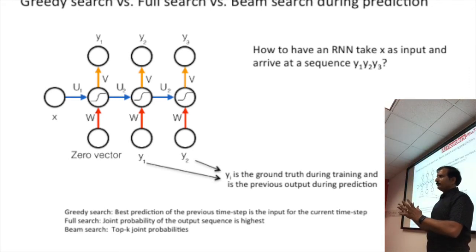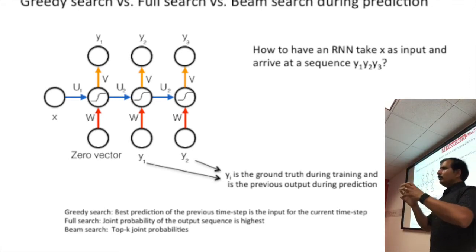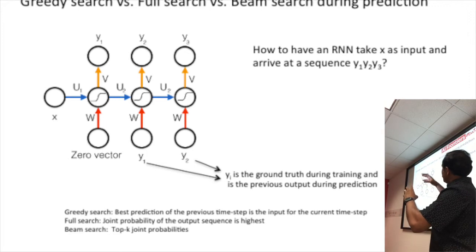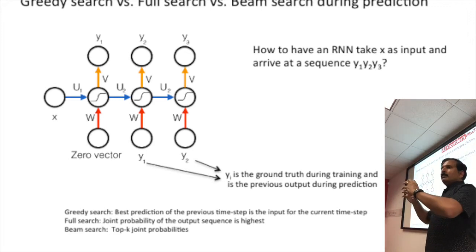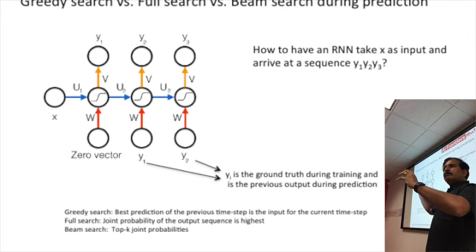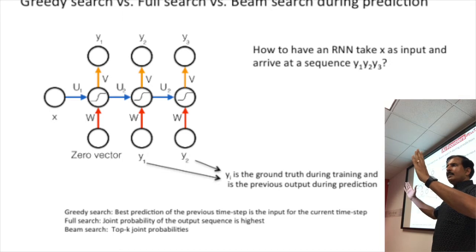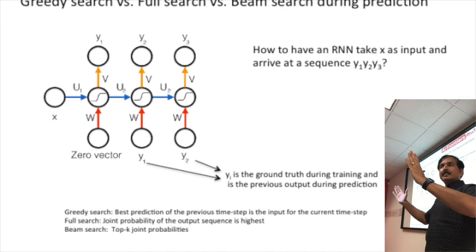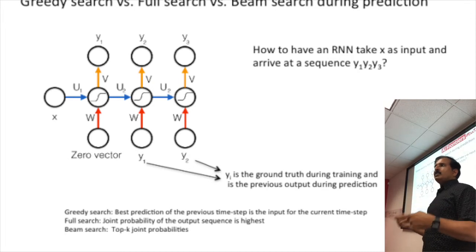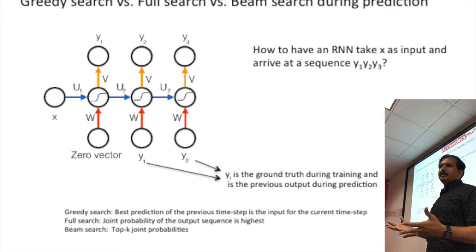And if you compare to greedy search, if it's a full search, every time you have next output yn, you go back and check from y1 to yn, check one more time, is this the joint probability the highest? And that's extremely costly. It's computing expensive.